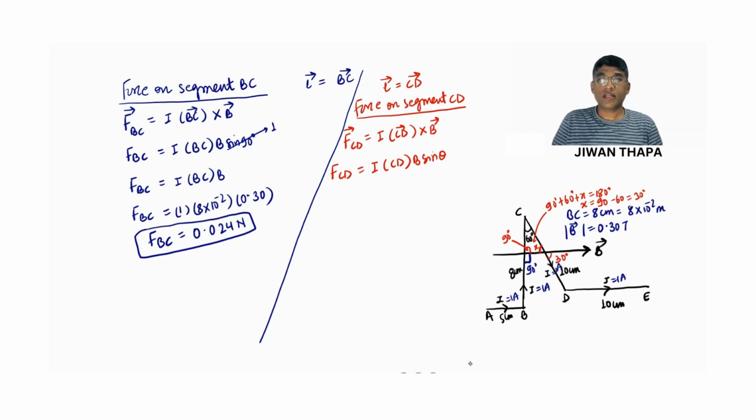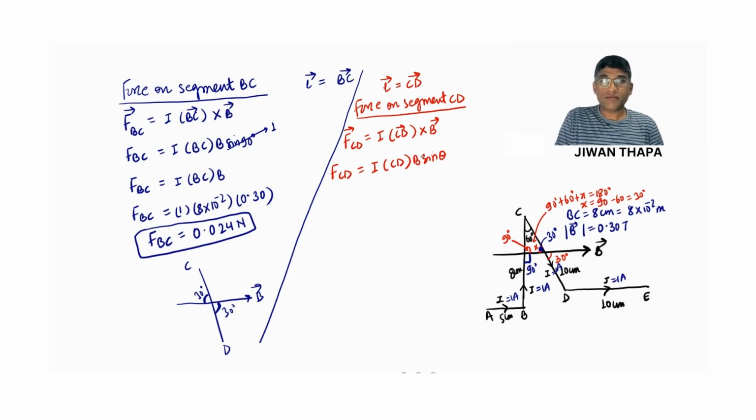Clear? Therefore, the angle between magnetic field and CD: this is CD, and we have magnetic field, and this angle is 30 degree. So this angle is 30 degree, and this angle is also 30 degree.